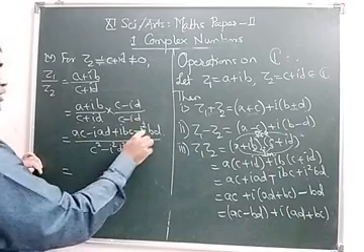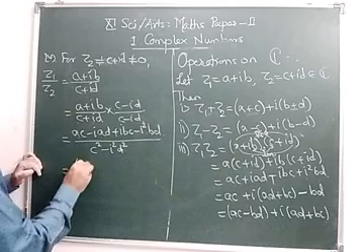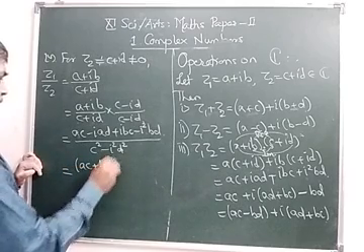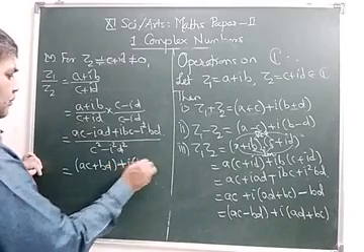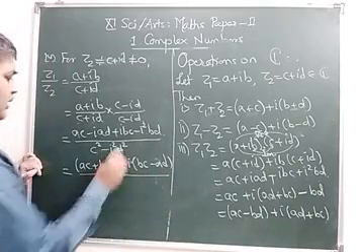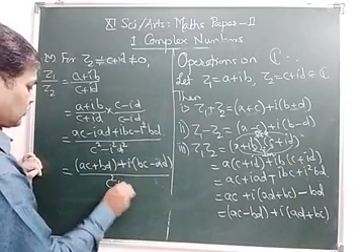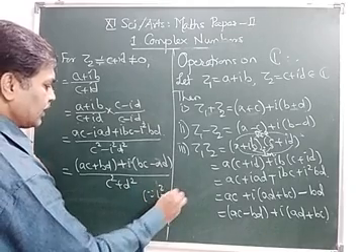Then your I square is minus 1, so minus minus becomes plus. So AC plus BD plus I times BC minus AD, upon C square plus D square, since I square is minus 1.